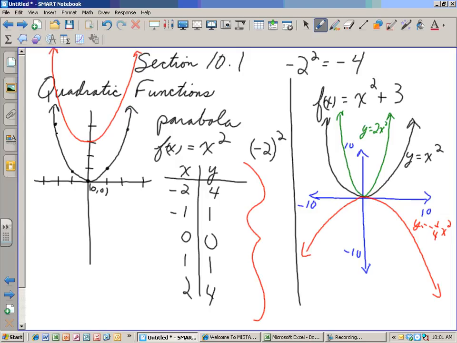So look on page 632. I'll do a few of the problems and show you what I want.